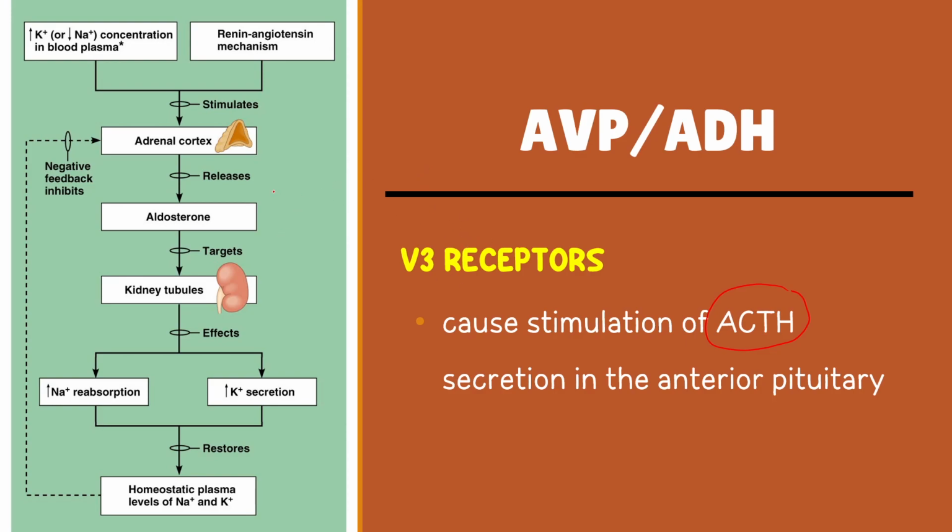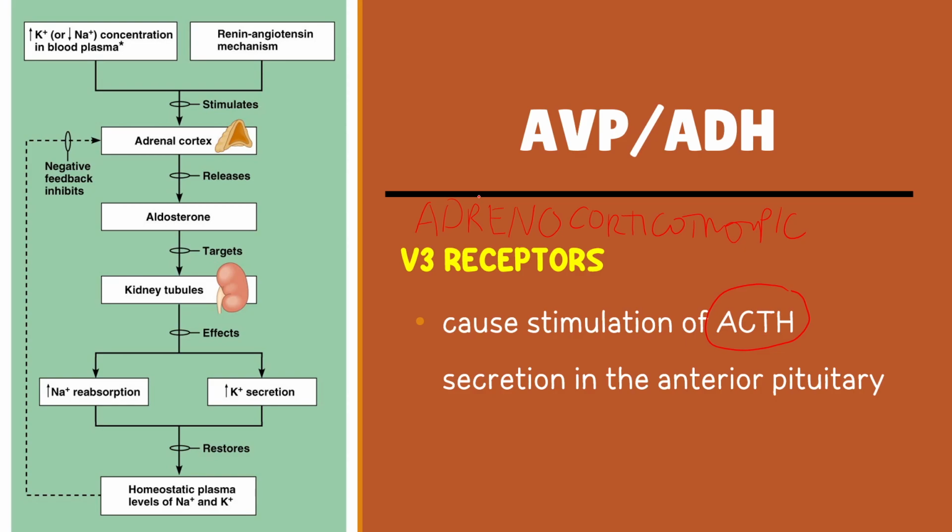the A there is not adeno, it should be adreno. Although ACTH is secreted in your anterior pituitary gland, its target organ is the adrenal gland.